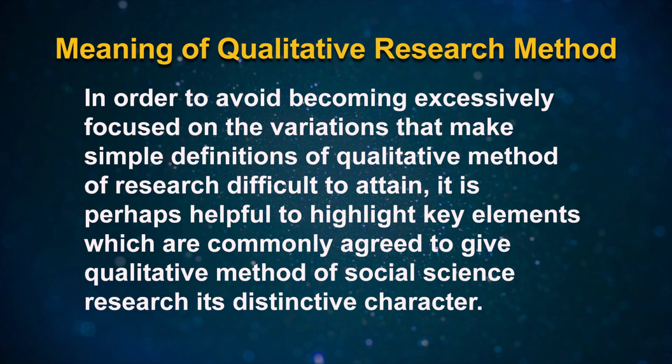Despite the fact that it is rather difficult to define the term qualitative research precisely because of the diversity inherent in this term, yet it is necessary to understand this particular term in order to avoid becoming excessively focused on the variations that make simple definitions of qualitative method of research difficult to attain.